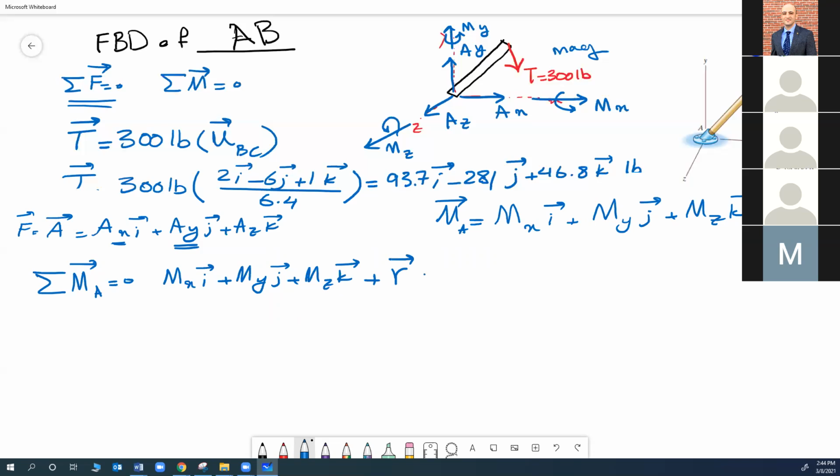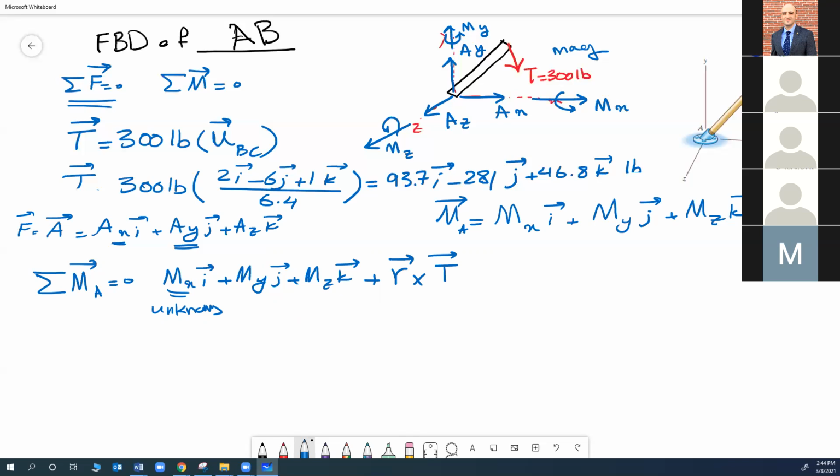So it's going to be R cross my T. If you had any other forces, it would just be another R cross T and so on. Questions about this? These are unknowns. Remember, these are the ones I want to find.